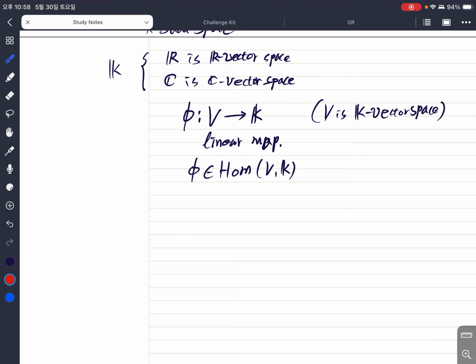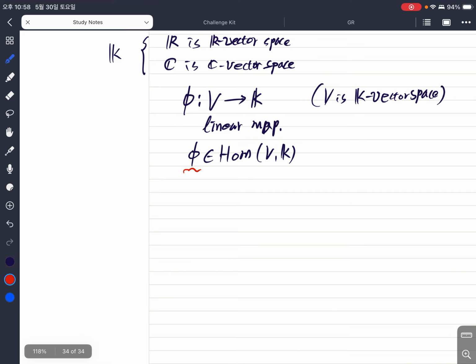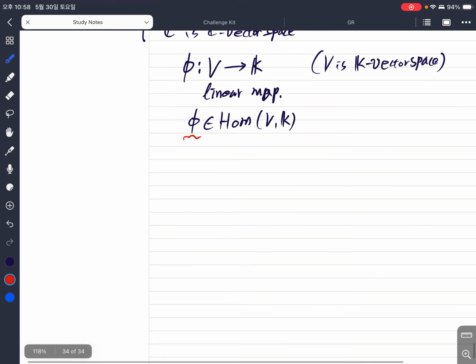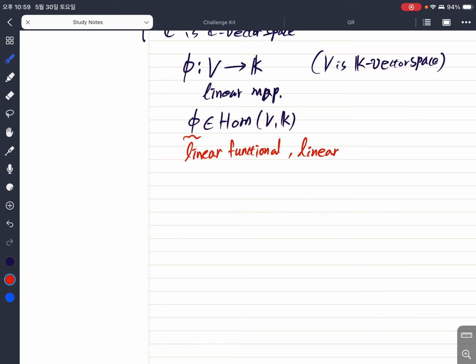This phi has many names. It is quite important, but we are not going to go into detail. We'll just tell some basic things. It is called a linear map, linear functional, or linear form, or one form, or covector, sometimes dual vector.